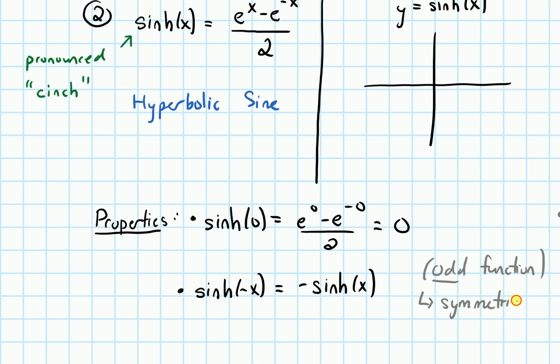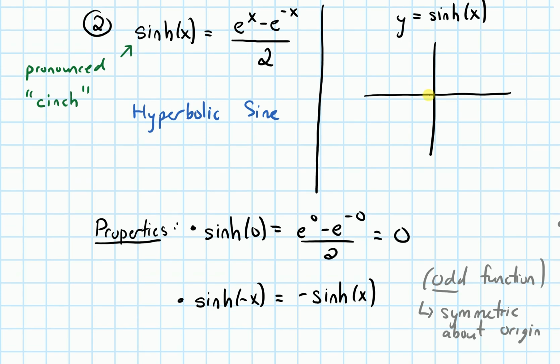This is symmetric about the origin. So whatever the graph looks like on one side of the origin, it's going to be the mirror image of that on the other side of the origin. And it turns out that to the right of the origin, the graph looks like this.